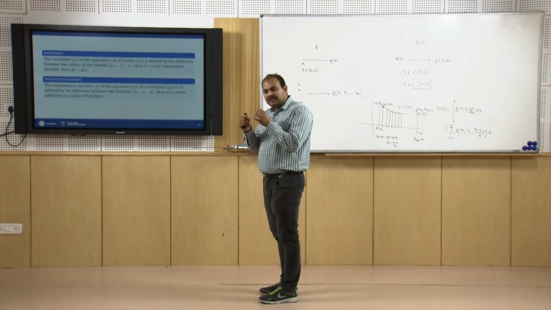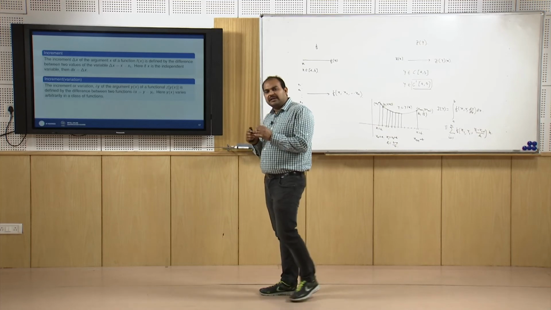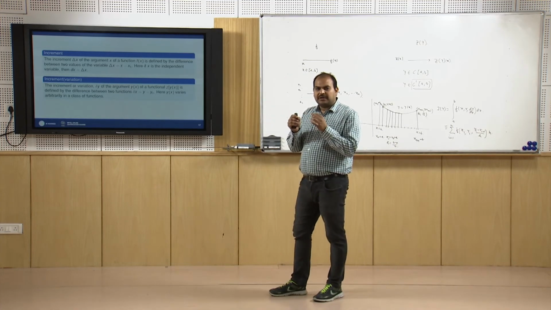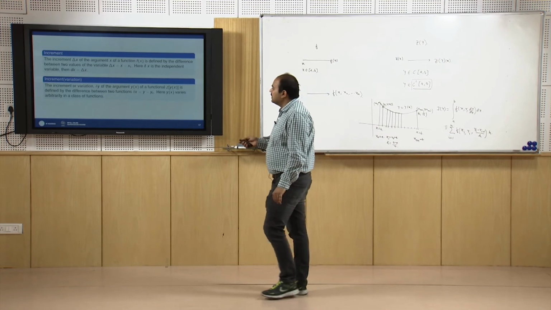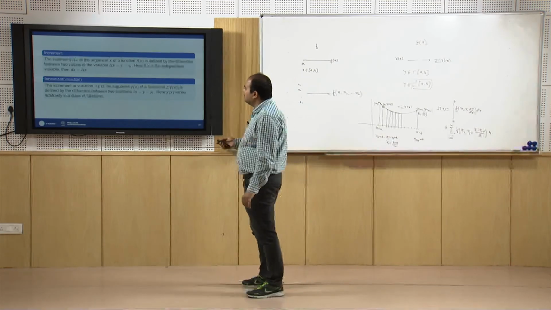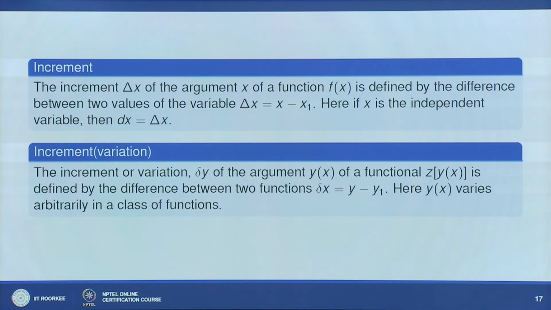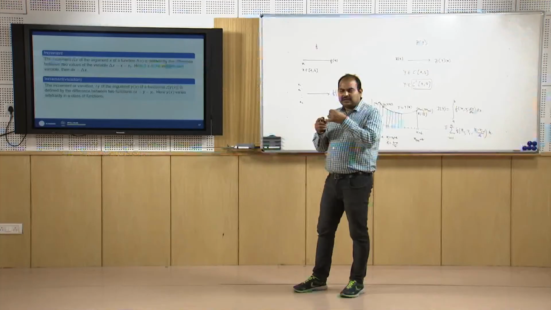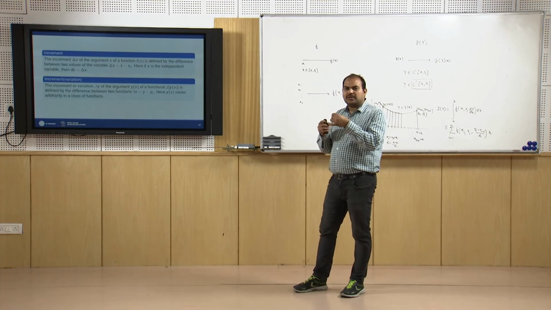So in classical analysis, if we talk about increment, then the increment in the independent variable is defined as delta x, and it can be written as the increment delta x of the argument x of a function f of x, defined by the difference between two values of the variable. So it means that if we take x1 as a fixed value, then the difference x minus x1 is denoted as the increment in x.